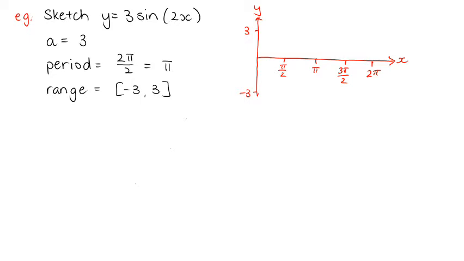Starts at the origin. Right, so it has to repeat itself every pi units. So it's going to come through this point. It's going to go up here and down here. So we come up, down, back up. You can keep going.